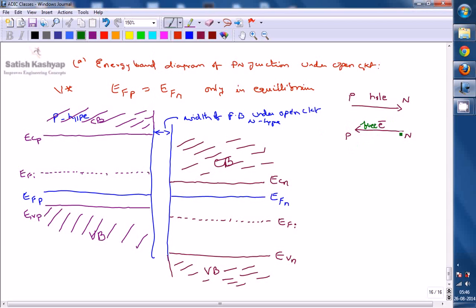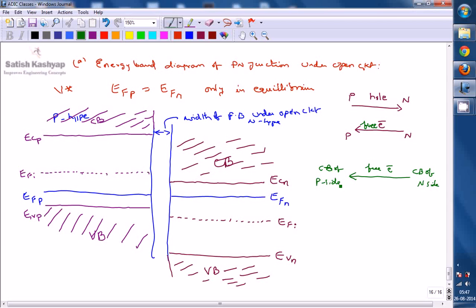So free electrons only exist in the conduction band. If a free electron is moving from N to P, the meaning is, you can draw it in this way: a free electron is moving from the conduction band of the N side to the conduction band of the P side.